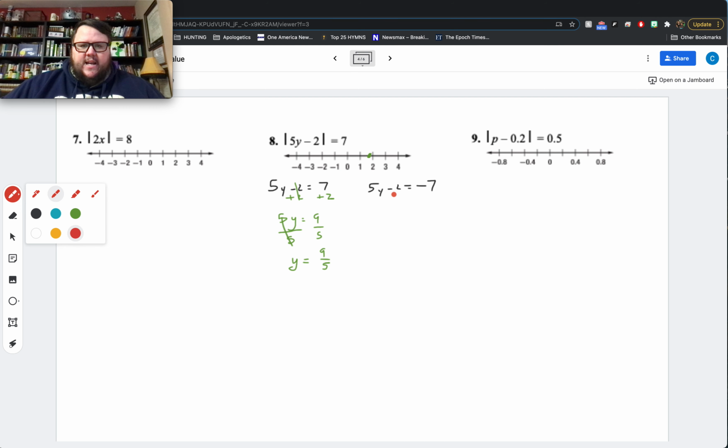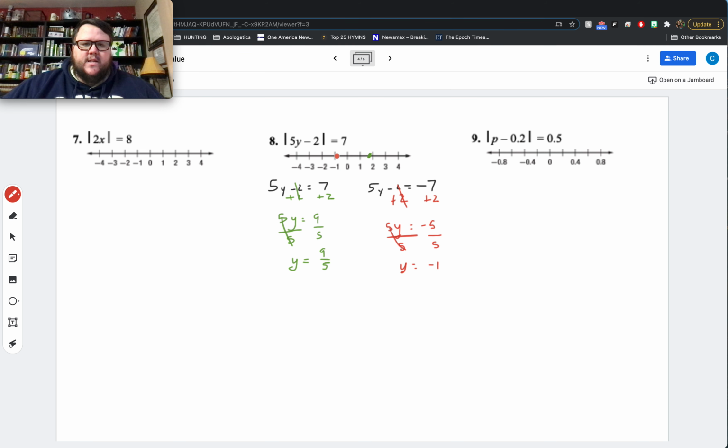And then on this side, I add 2, so 5y equals negative 5. Divide by 5, and y equals negative 1.